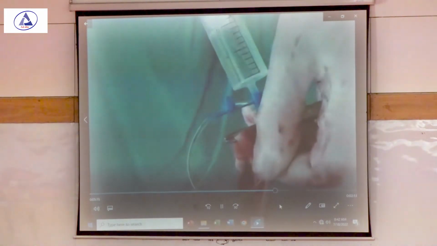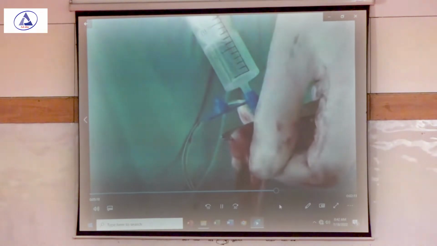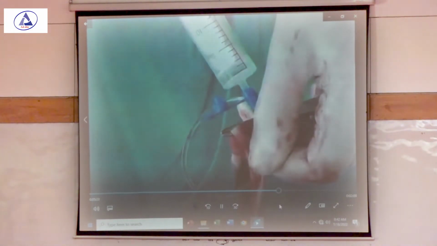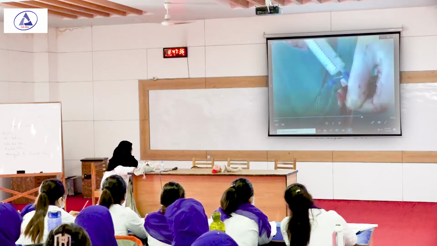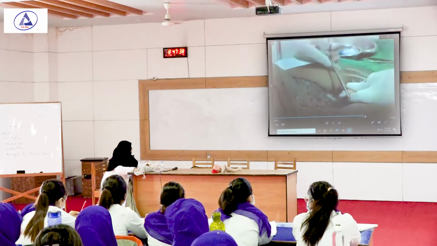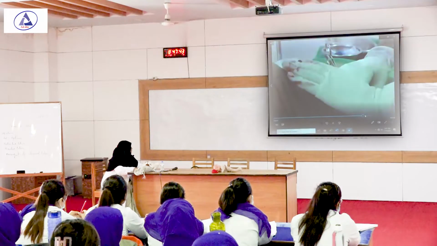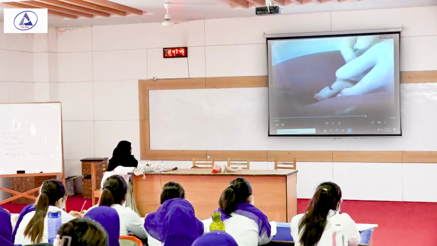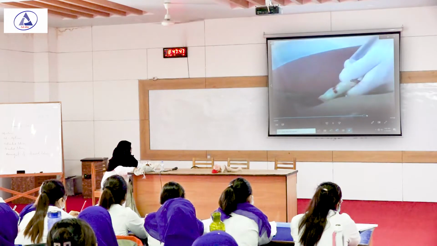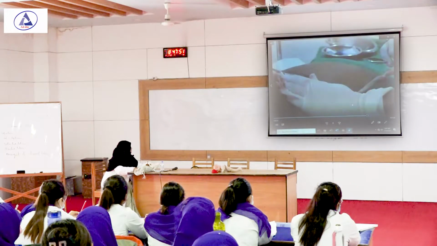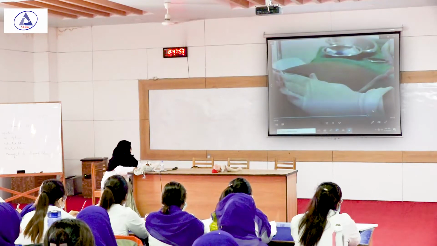Diluted oxytocin goes to the different structures of the placenta and ultimately to the uterus, and then it causes contraction. After that, again we try suprapubic control like this, again give injection oxytocin, and then controlled cord traction. This is the way.